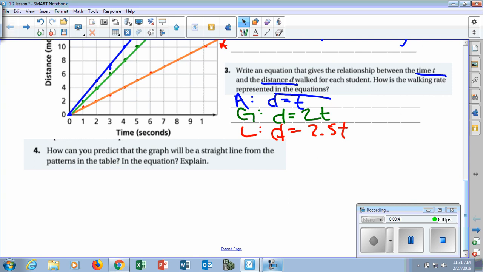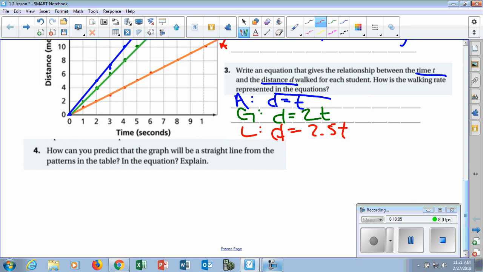And 4, how can you predict that the graph will be a straight line from the patterns in the table and in the equation? Well, don't even look at the graph. We just created our graph. Based on that table that we created at the top, and based on those equations that we just wrote, how can we determine whether this is a straight line? Yeah? Okay.